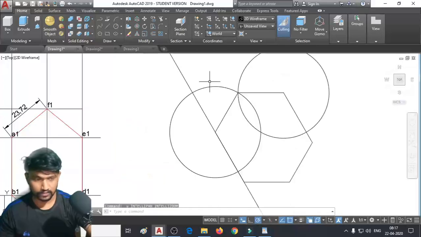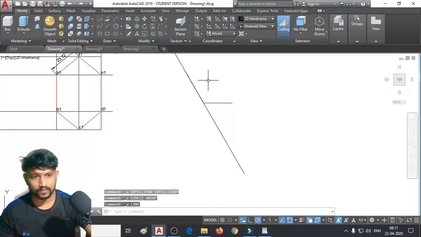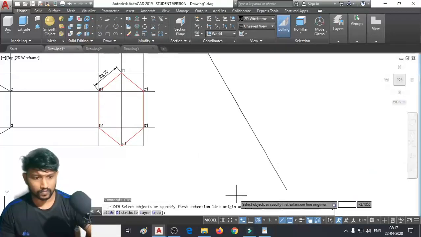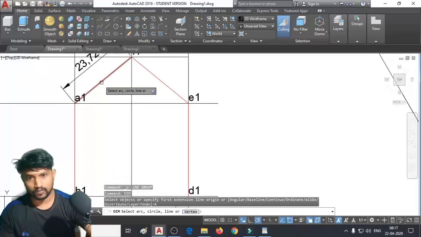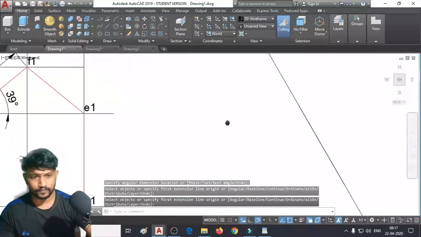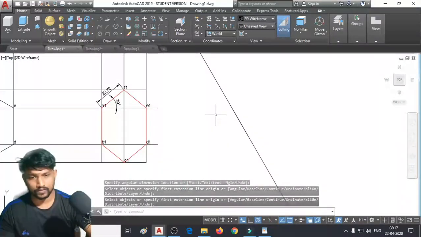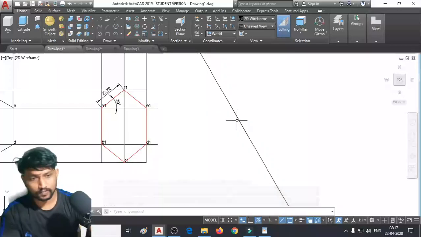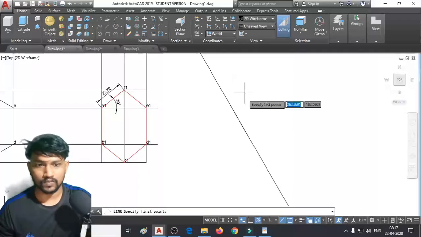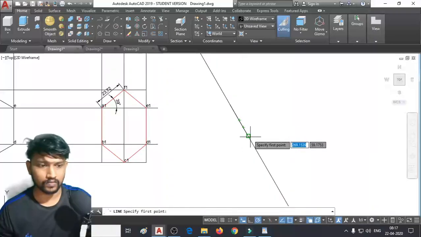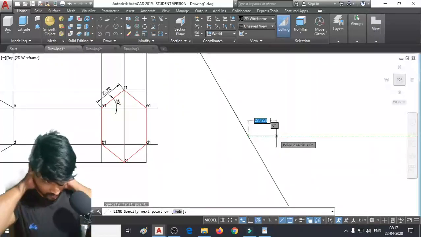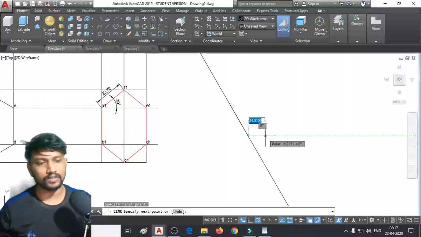Angle will change. 39. It has to be 9 degrees.